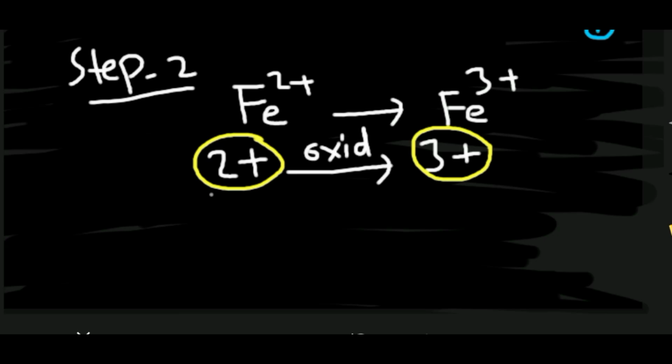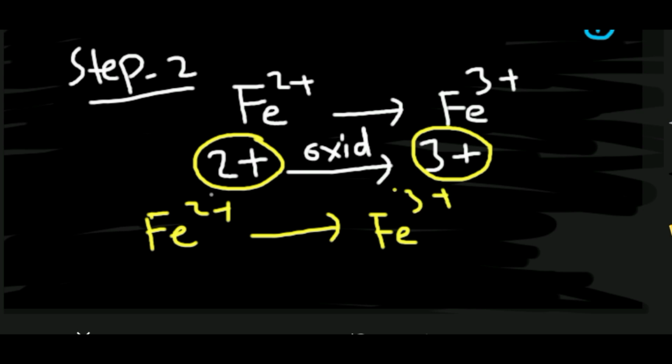Now in order to balance the charge, we have to add, you can write here, Fe2+ gives Fe3+, ferric ions. So we have to add 1 electron on the product side in order to balance the charge.